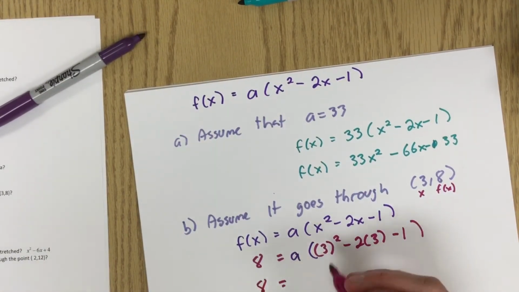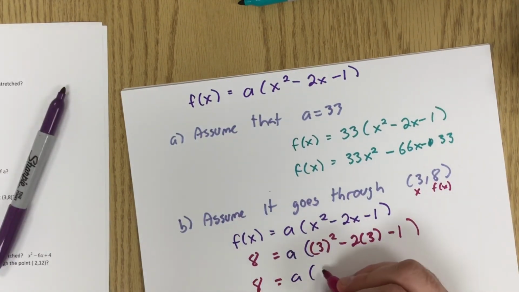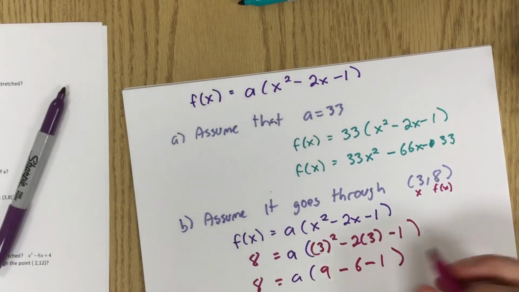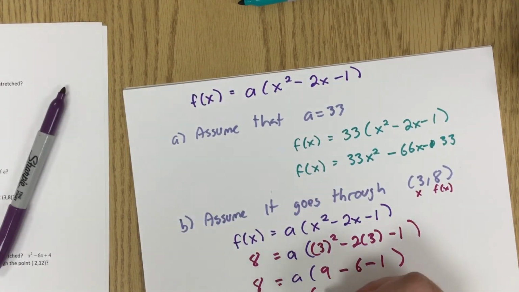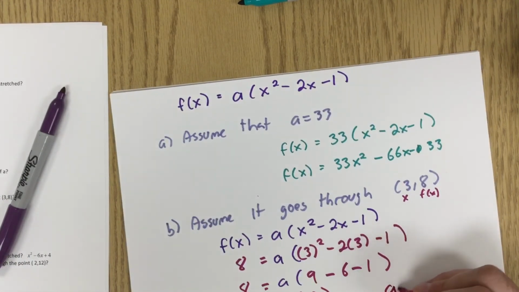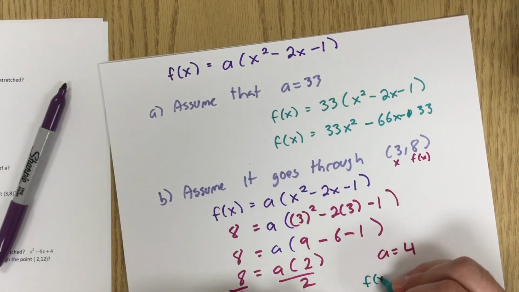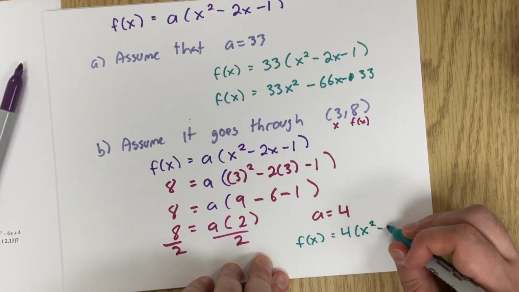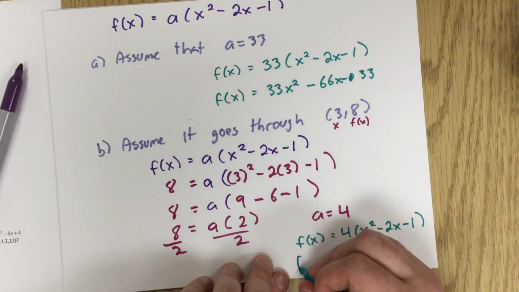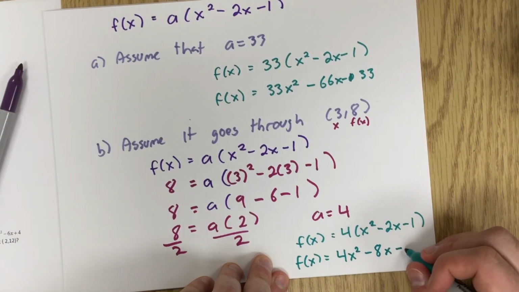So 8 equals a times 9 minus 6 minus 1, or 8 equals a times, 9 minus 6 is 3, 3 minus 1 is 2, and then we divide both sides by 2, and we get a equals 4, which means that the answer here would be 4 times x squared minus 2x minus 1, or another way of writing it would be 4x squared minus 8x minus 4.